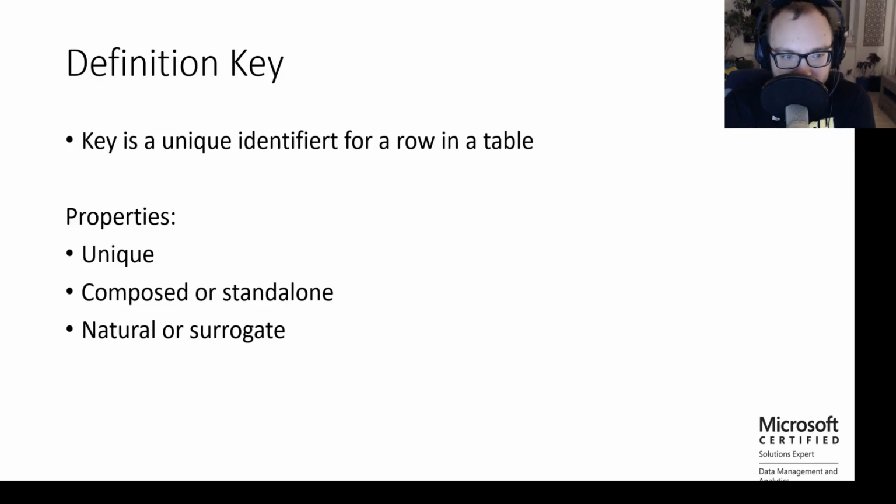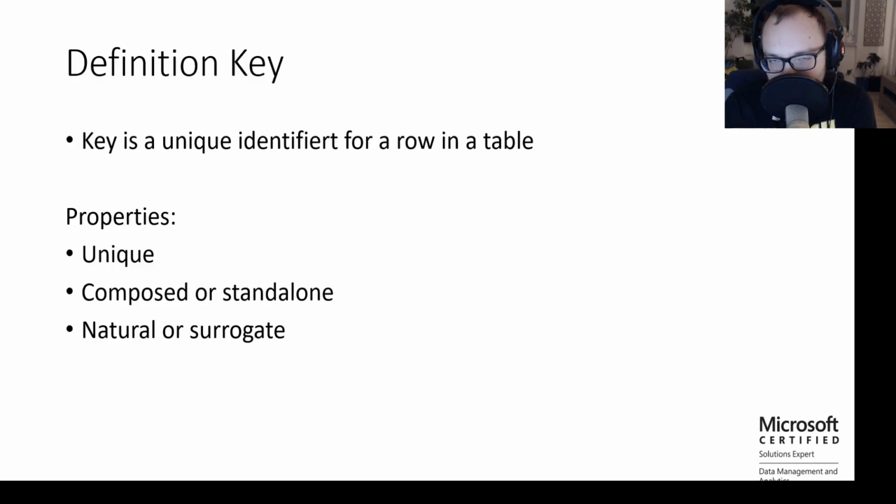There are different types of keys, but we will come to this. Every key has the following properties. A key is always unique within the table, because otherwise it couldn't uniquely identify a row. It can be composed or standalone. A standalone key would be just an ID. A composed key would be like a natural key, for instance, first name and last name.